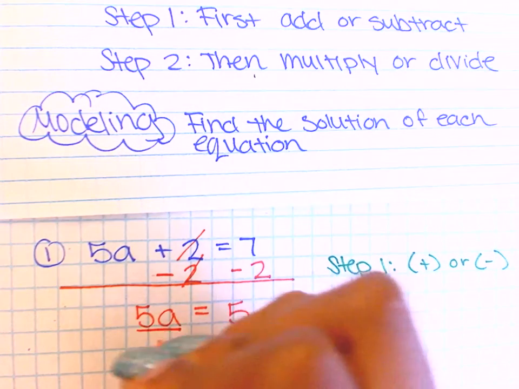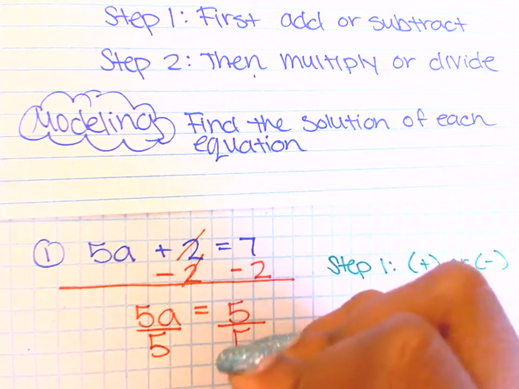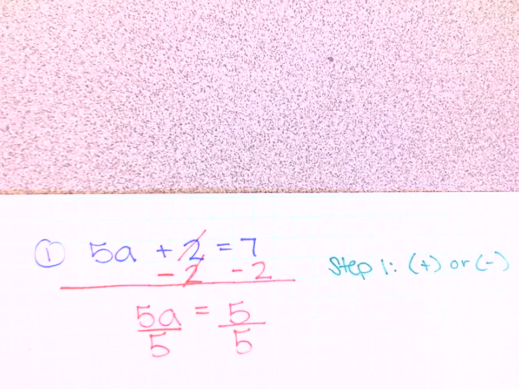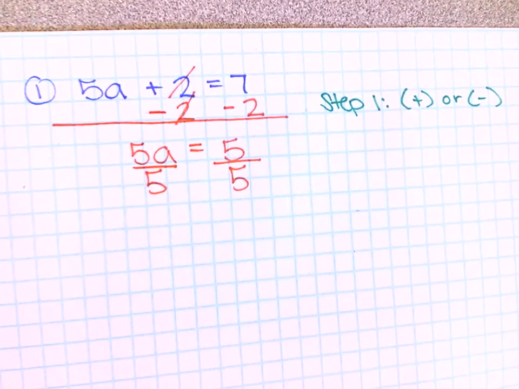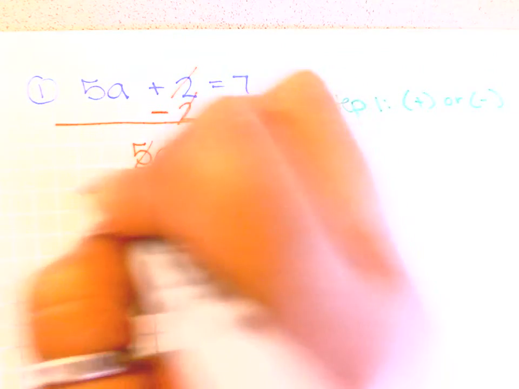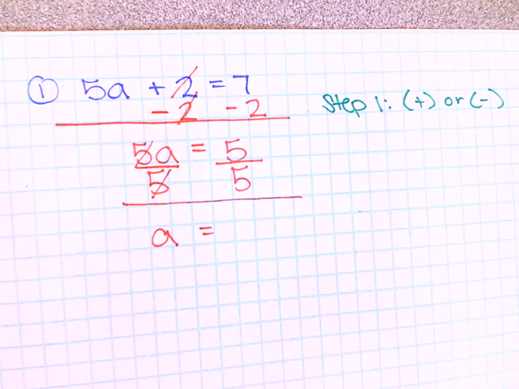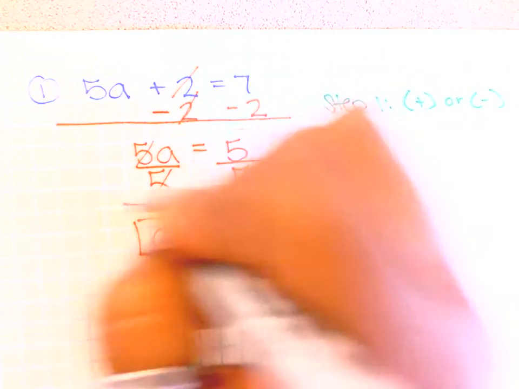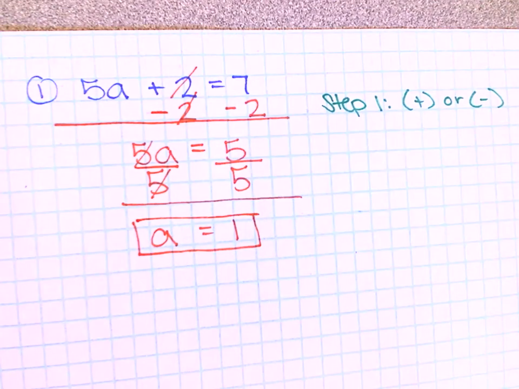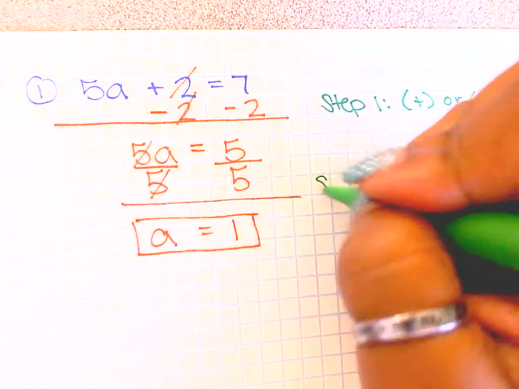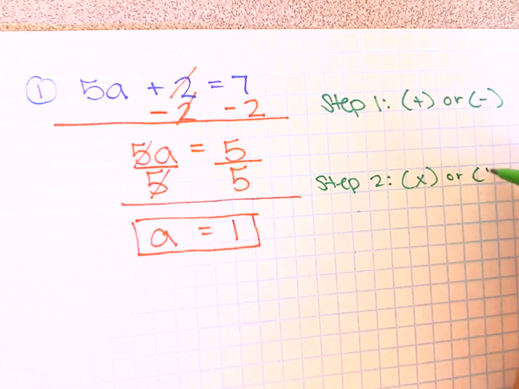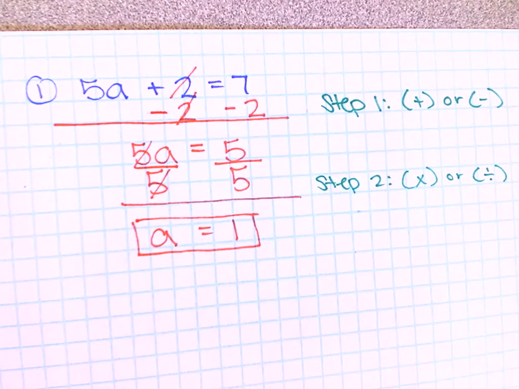So I'm going to divide by 5 on both sides. My 5's cancel out on the left, and I am left with a. And I have 5 divided by 5, which is 1. Problem solved. So my step 2 was that I multiplied or divided. Easy enough.